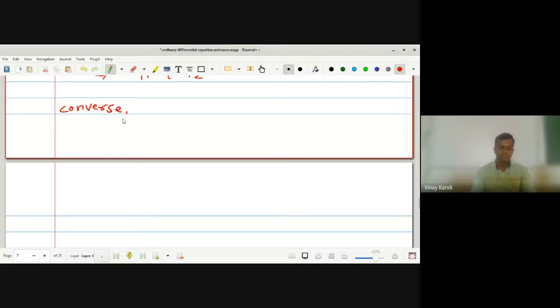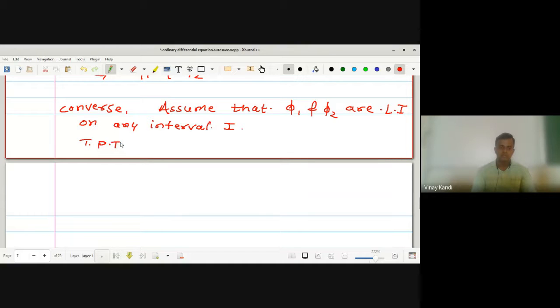Assume that phi1 and phi2 are linearly independent solutions on any interval I. Now to prove that, the Wronskian of phi1, phi2 of x is not equal to 0 for all x belongs to I. Okay, we have to prove this one.